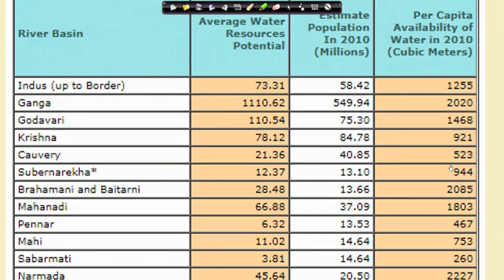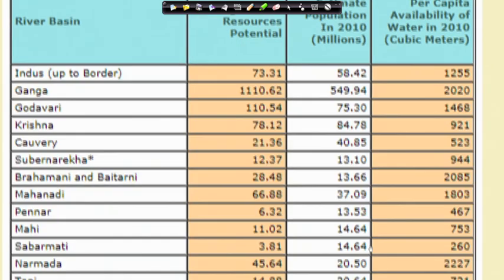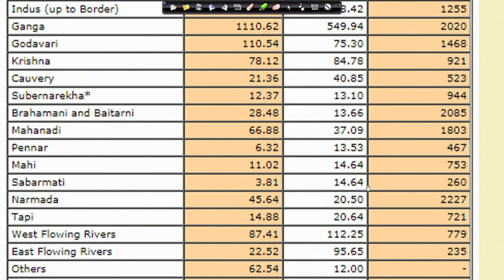Per capita availability in river Ganges is 2020 cubic meters annually, which is one of the highest, although there are higher ones such as Narmada, accounting for over 22,000.